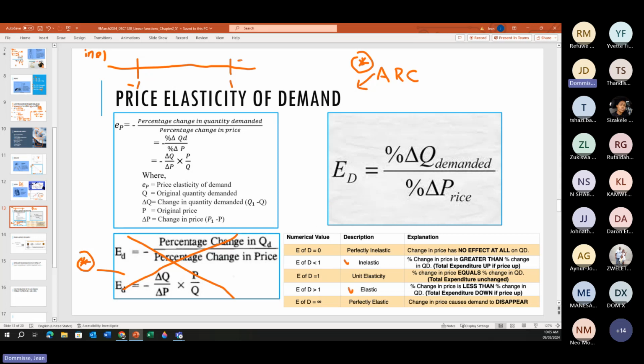Bigger than 1 is elastic. Sorry, smaller than 1. So that's all inelastic.